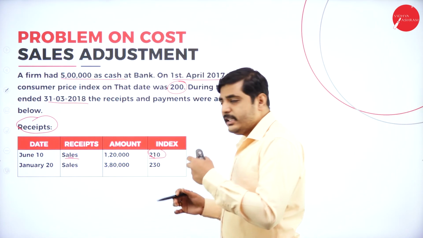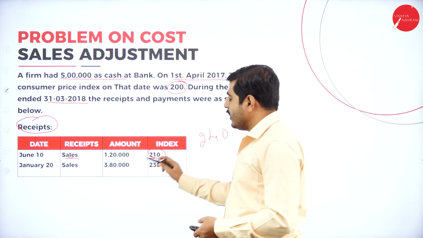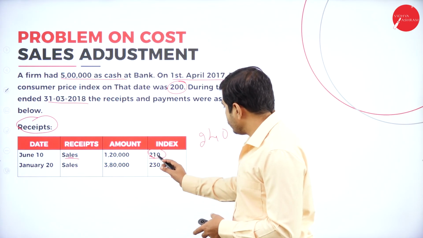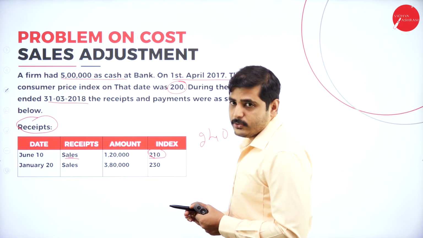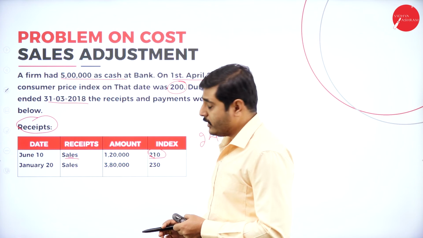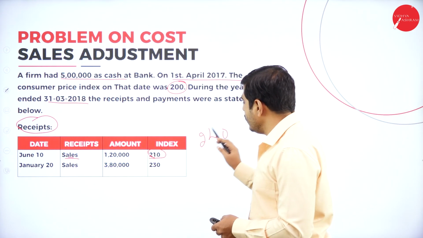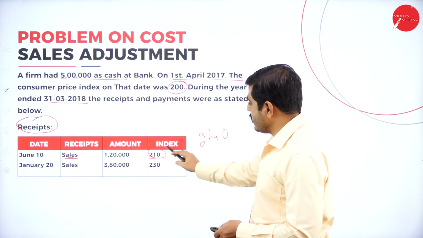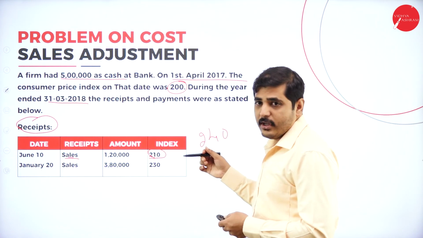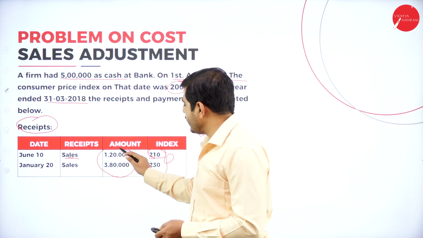When the inflation increases to 240, what would be the sales value? Here also, when the index is 230, the sales value is 3,80,000. So what would be the sales value when the index rises from 230 to 240? Here also 210 to 240. So it is the historical price. These are all the historical amounts they have given.